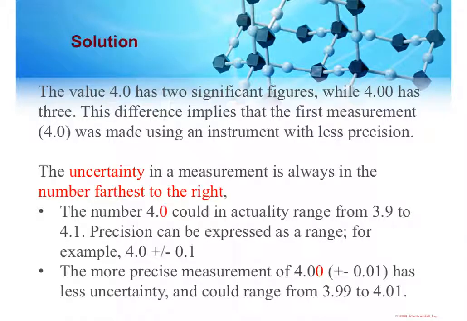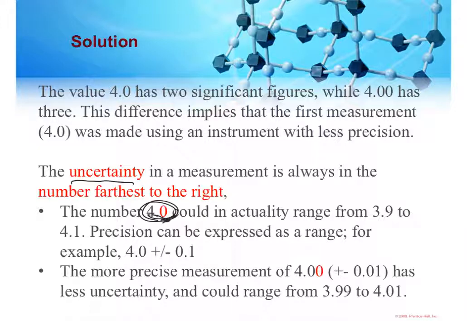All right, so every measurement has a degree of uncertainty in it. And the degree of uncertainty is reflected in the digit to the far right of the number. So for example, if you have a measurement of 4.0, there's uncertainty in that last digit.